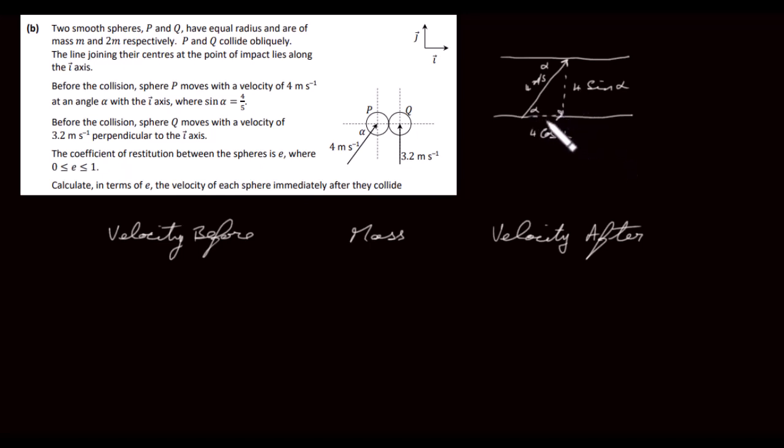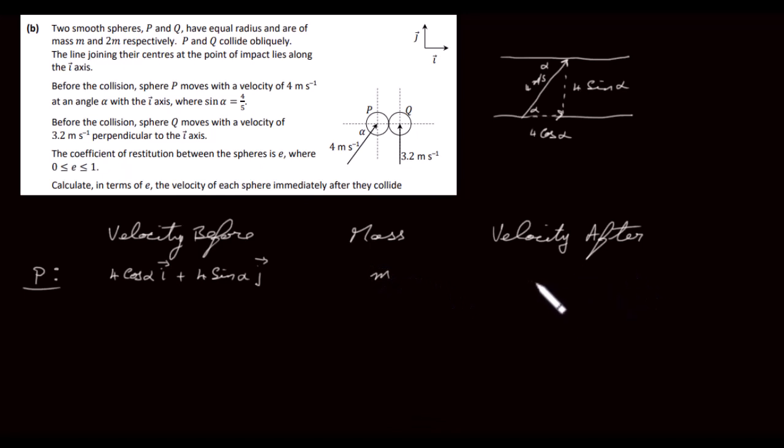Okay, so we have our resolved vectors, 4 cos alpha, 4 sine alpha. So our velocity before is going to be 4 cos alpha i plus 4 sine alpha j. Remember, this is sphere P. Its mass then, P and Q having mass m and 2m respectively, is going to be mass m.